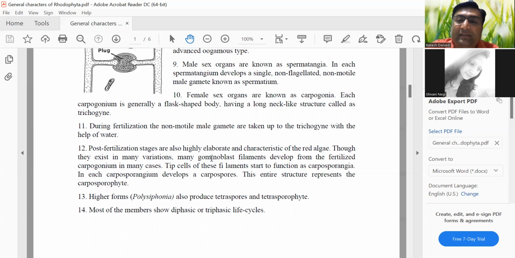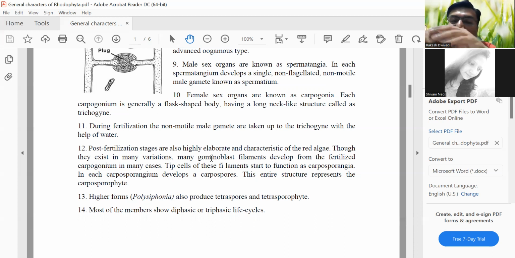The female reproductive structure, known as carpogonium, contains the egg cell. After fertilization, this carpogonium produces many filaments coming out from it, and these filaments are known as gonimoblast filaments, which develop from the carpogonium, the female reproductive structure of the gametophyte, right?